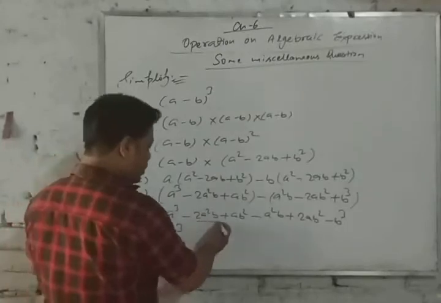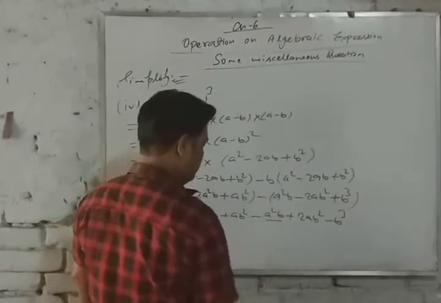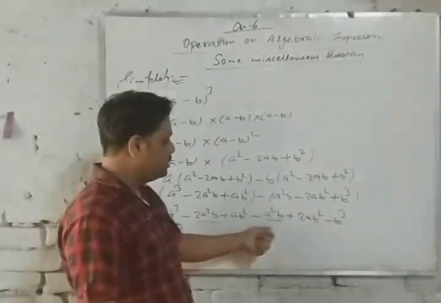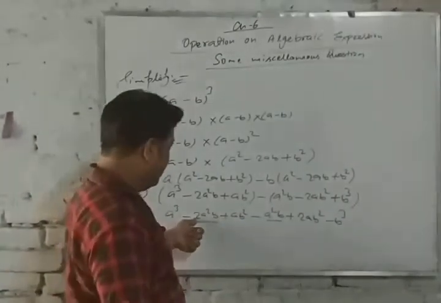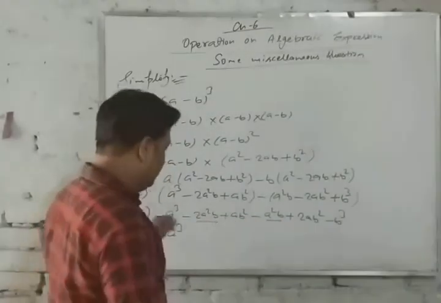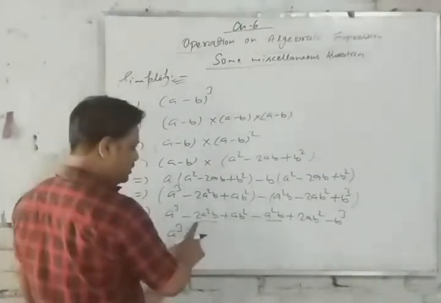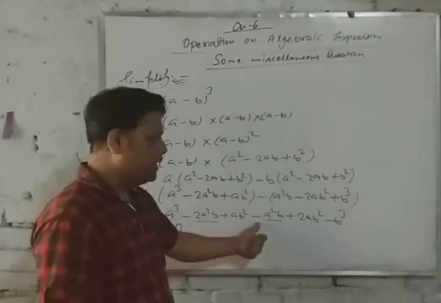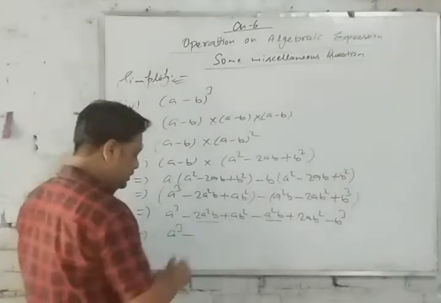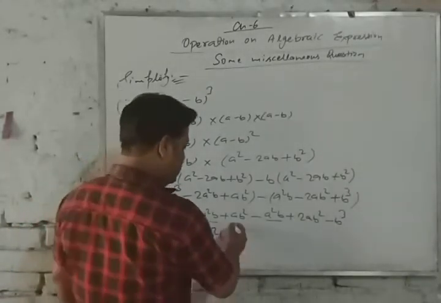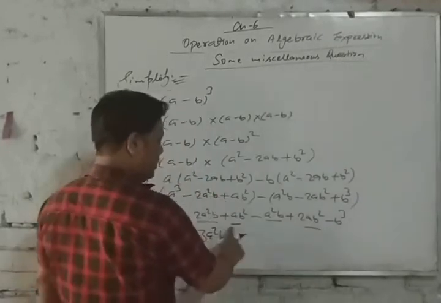Now here 2a square b, here 1a square b, and both sides have a minus sign, so we will not cancel because these are not the same. So here minus 2a square b and minus 1a square b, minus minus plus, and which is greater, 2 or 1? 2 is greater, so we will write minus sign here, and 2 plus 1 is equal to 3, with variable a square b. Now this term ab square and 2ab square, which one is greater?